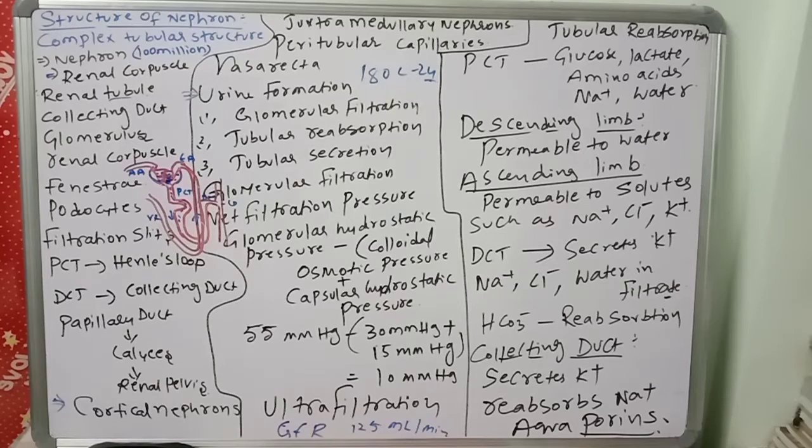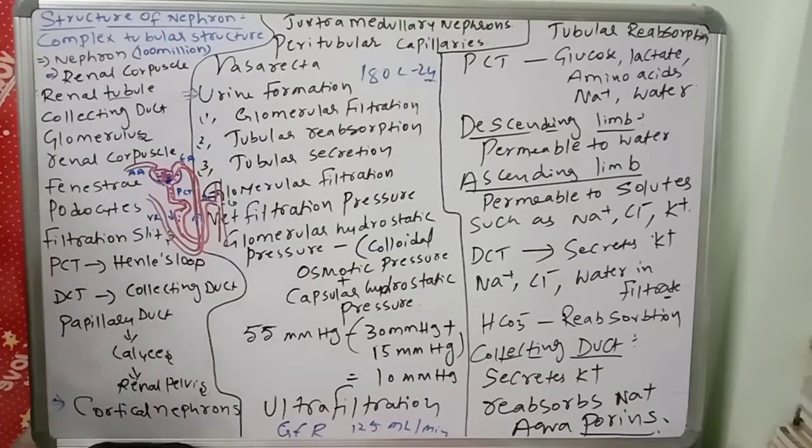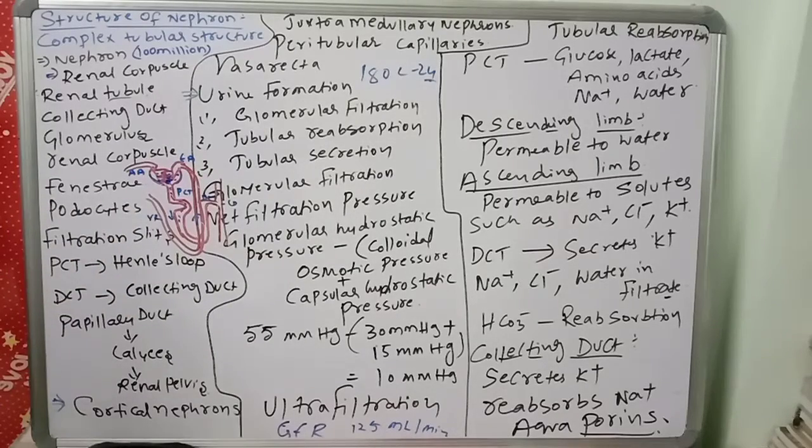If Henle's loop goes beyond into the medullary region, that is called a juxtamedullary nephron, and peritubular capillaries from the efferent arterioles form like the vasa recta. Believe it or not, 180 liters of filtrate are formed in 24 hours.